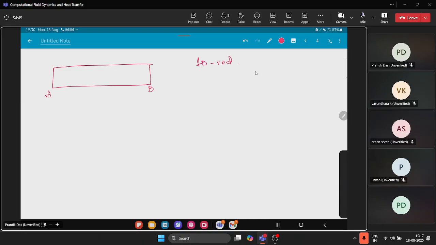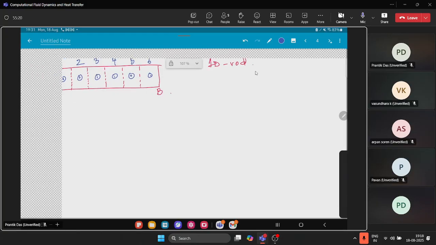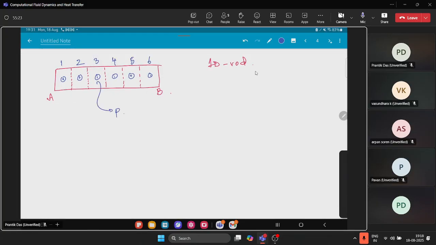There are two ends, A and B, and we divide the whole domain into multiple parts: 1, 2, 3, 4, 5, 6. For example, there are six control volumes in my domain. My control volume of interest as of now is the third control volume, which is my control volume P.